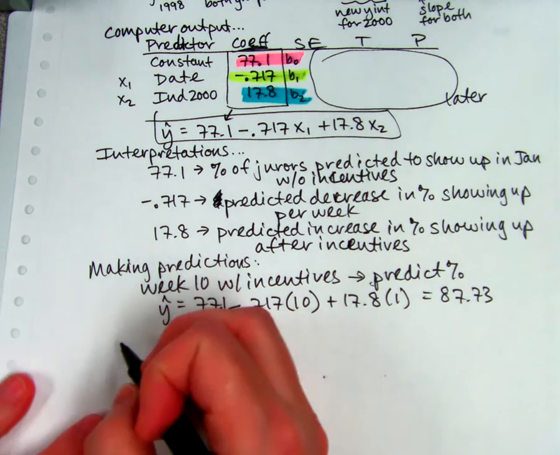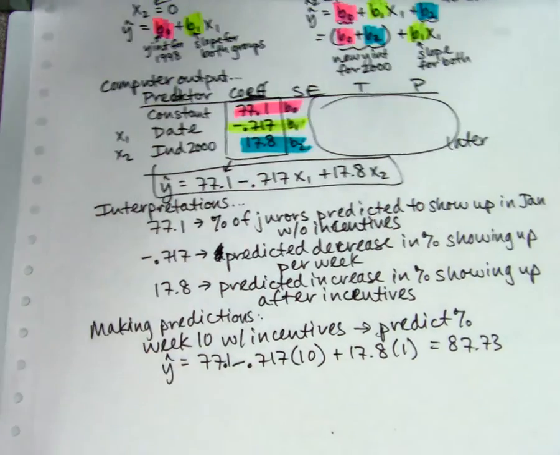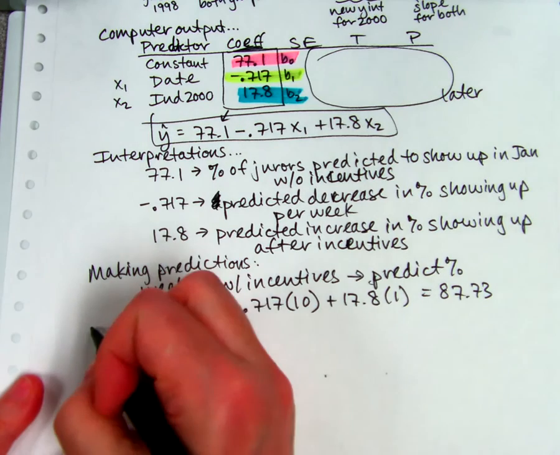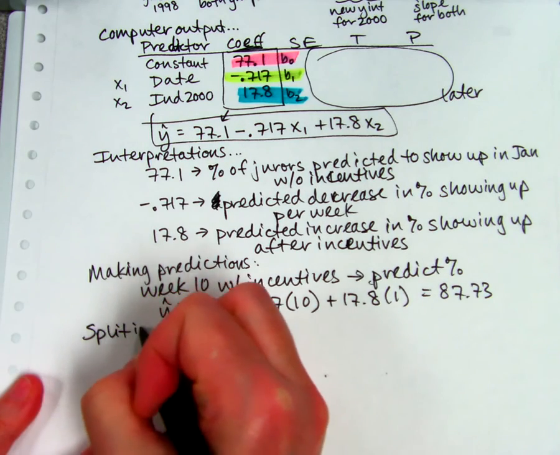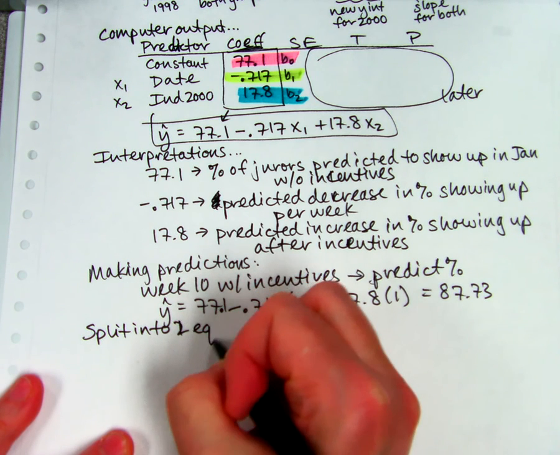They might also ask you to split it up into two equations. We did that with variables up here, but you could also do it with the numbers. So you could split it up into the separate equations for the two different years.